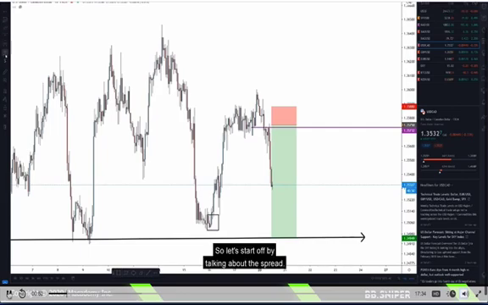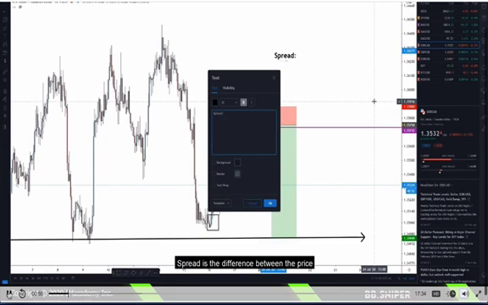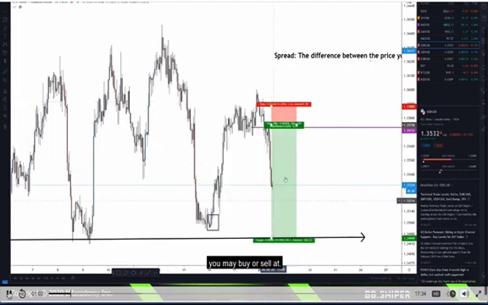So let's start off by talking about the spread. Spread is the difference between the price you may buy or sell at.